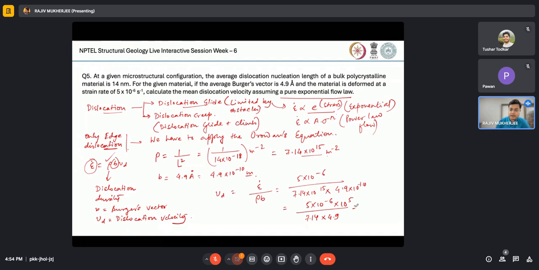So what will be the value? 0.5 divided by 7.14 times 4.9. So it's 0.0143 meter per second.